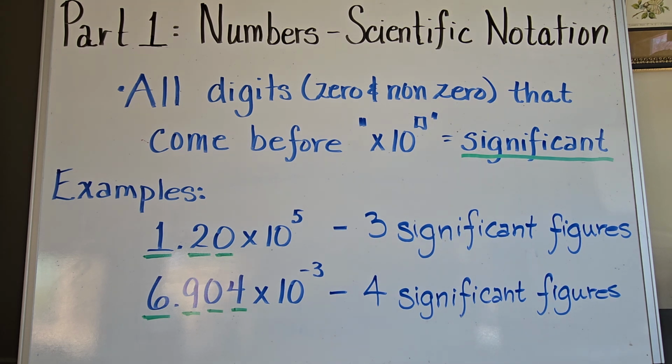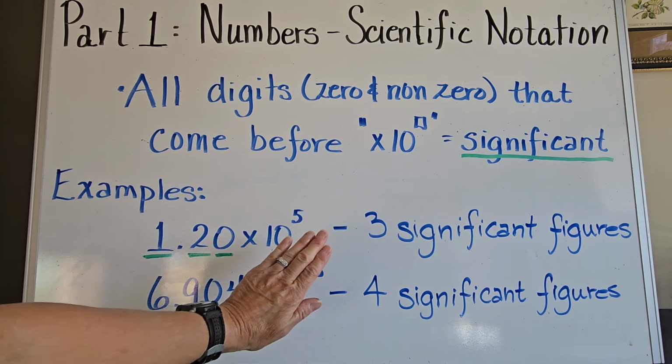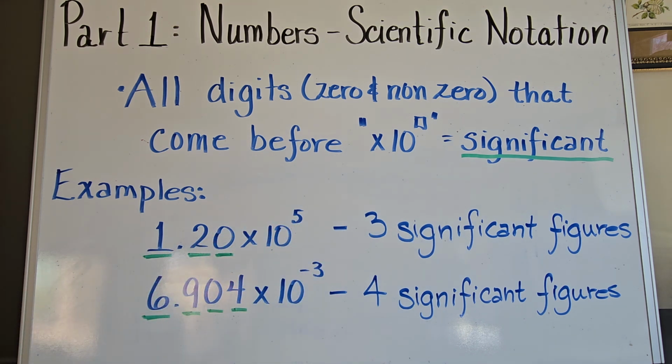Similarly, my next example, 6.904 times 10 to the minus 3. Again, it doesn't matter whether my exponent is positive or negative. If again I put my hand over the 10 to the minus 3, I'm going to look at the numbers in front of that. I've underlined each of my significant figures in green. So all four of those numbers, 6, 9, 0, and 4, are all significant. That number has four significant figures.